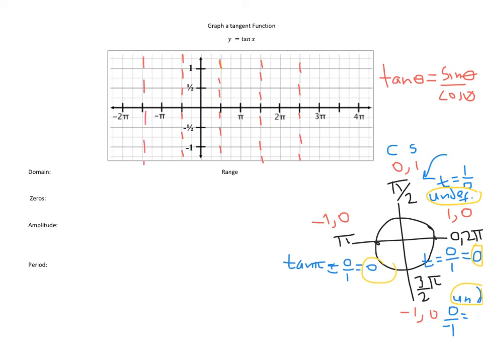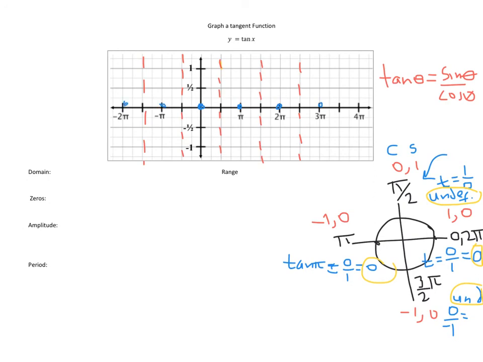And then I'm going to graph the function. So tan of 0 is 0, and tan of 180 is 0, and 2 pi is 0. So all these are zeros.